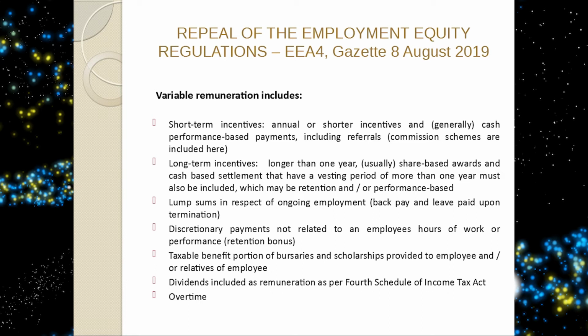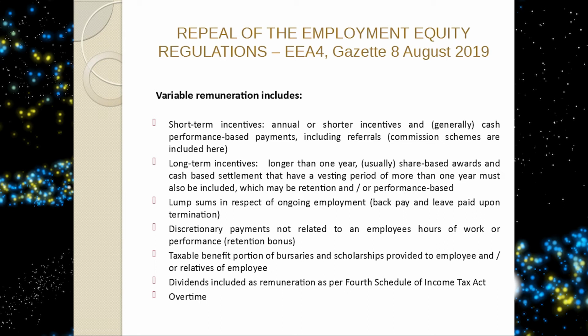Discretionary payments not related to an employee's hours of work or performance. The taxable benefit portion of bursaries and scholarships. Ladies and gents, important here, provided to the employee or to the relative of that employee. So if your company gives a bursary or scholarship to a child of an employee, that will be deemed the variable remuneration of that employee.